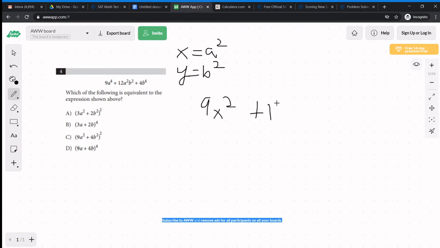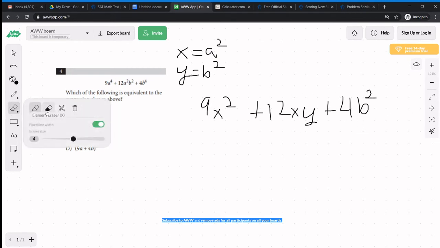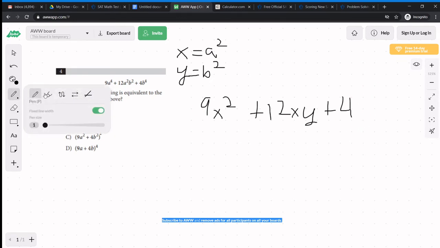Plus 12xy plus 4y squared. All of a sudden, this becomes a lot easier to factor.